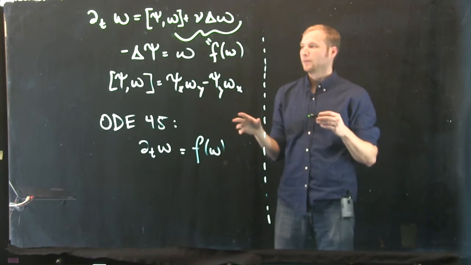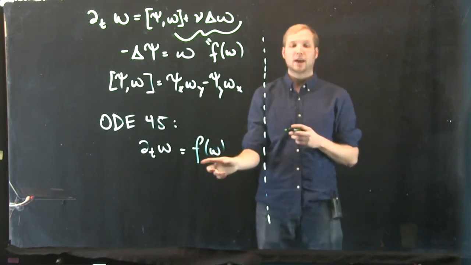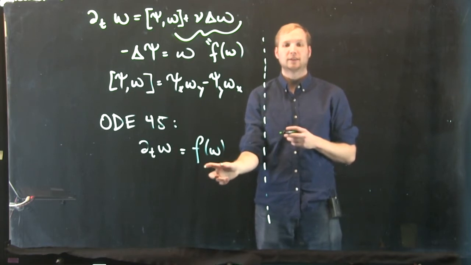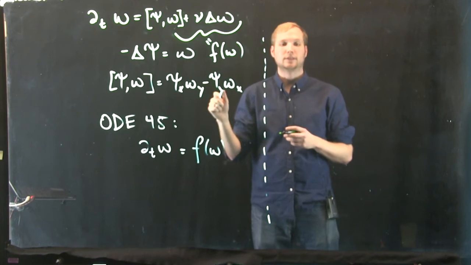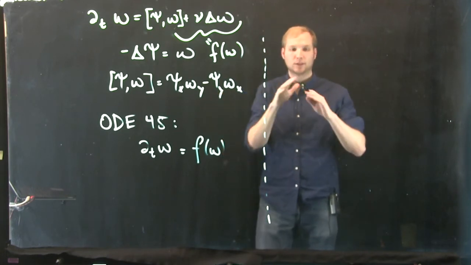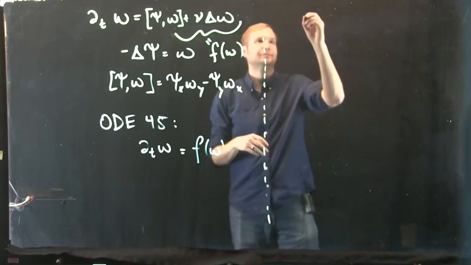Now, this is a little bit trickier than we've been doing before. In particular, we're going to have it take as input only omega. So first we have to recover psi, and then we can do the time stepping. So I'm going to put the basic steps of how to evaluate f of omega over here.